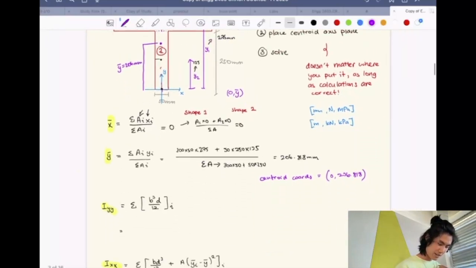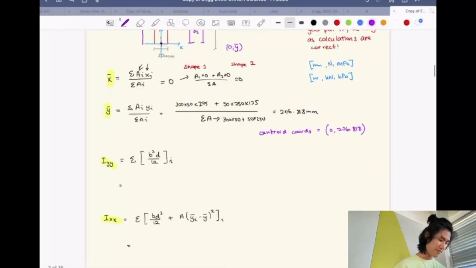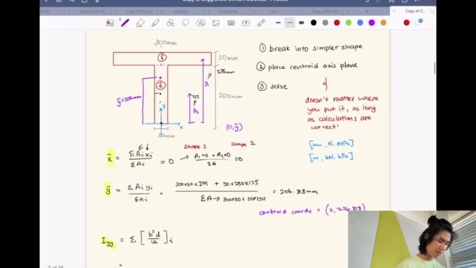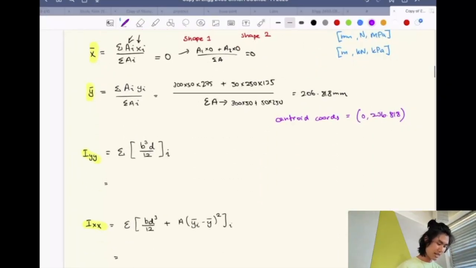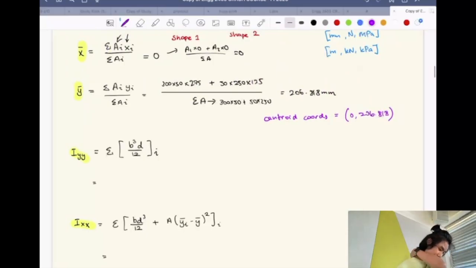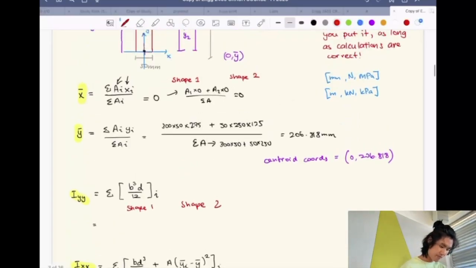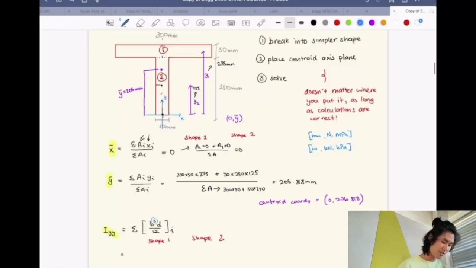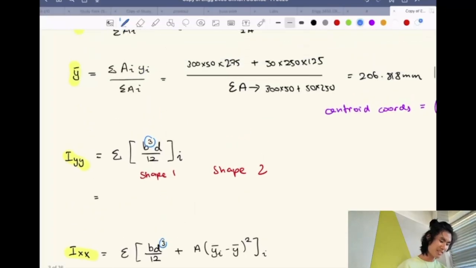Okay, so now that we found that, we'll find the moment of inertia around the y-axis and the x-axis. So again, you do this for shape 1 and shape 2. Now, most of the time you're going to be using x, but it's a good idea to just familiarize yourself with when you're going to be using the b cubed or the d cubed.